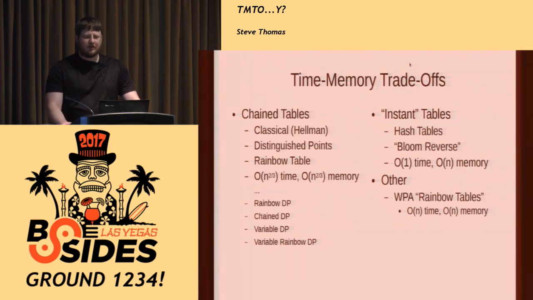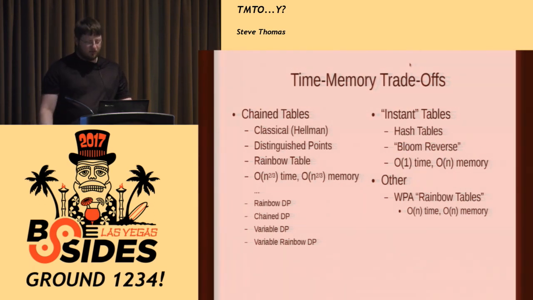So when we're talking about time memory trade-offs, there is no faster or smaller because each one of these are adjustable. So if you say, oh, this time memory trade-off is faster, well, you could make a rainbow table larger, so then it would be faster, or this one's smaller, because in the history there's been the ones below: rainbow DP, chain distinguished point, VDP, rainbow VDP.